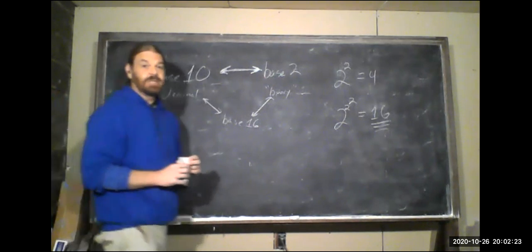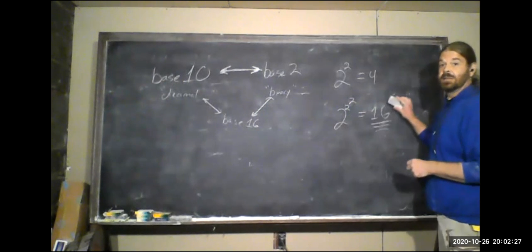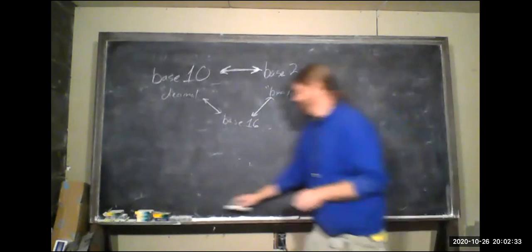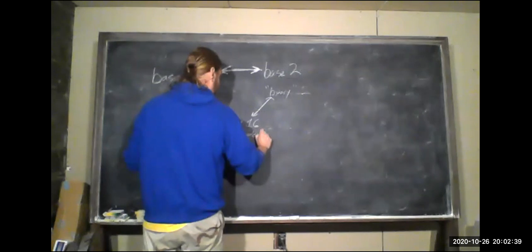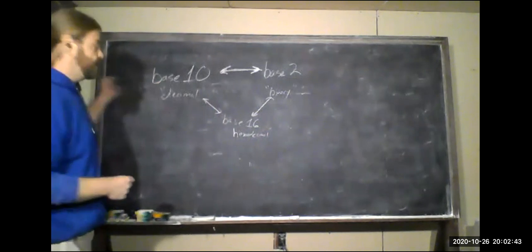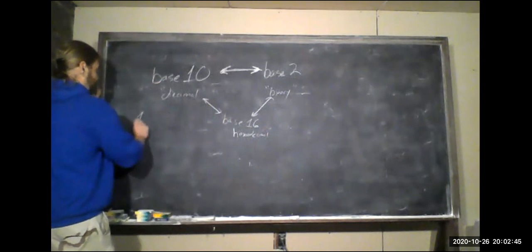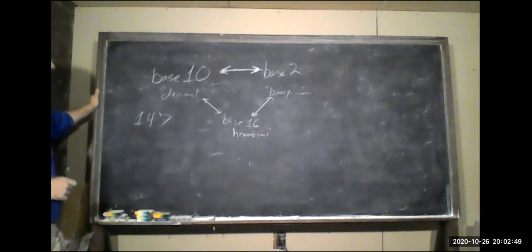Have you all seen conversions from base 10 to base 16? Yes, sorry, base 16, hexadecimal. Yeah, it makes our conversions much easier, because then we can pick a number. I'll do 147, a completely random number in base 10.